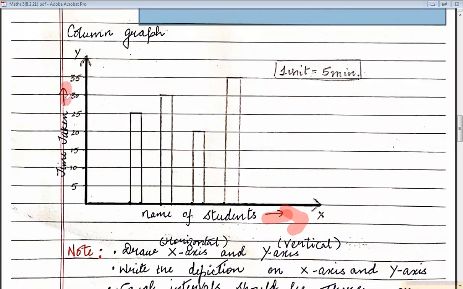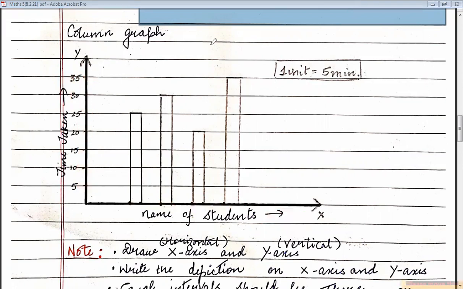Now let's make equal margins on the y-axis, like 5 minutes, 10 minutes, 15 minutes, 20 minutes, 25 minutes, 30 minutes, 35 minutes. Okay, we have made equal margins here. Similarly, you have to make the same width size, so make equal margins here, because the width of the bars should not vary.